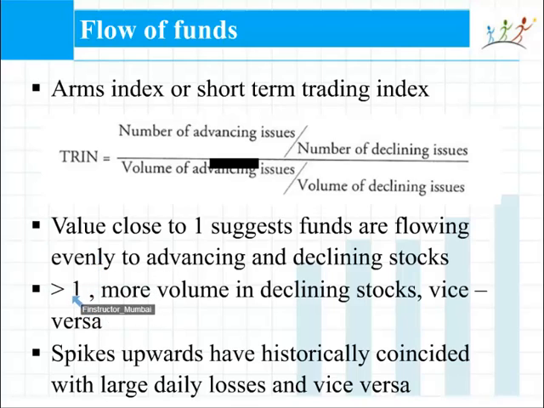If the number is significantly higher than 1, that means more volume or more funds are flowing into declining issues, and less volume is in advancing issues. Volume means number of shares.